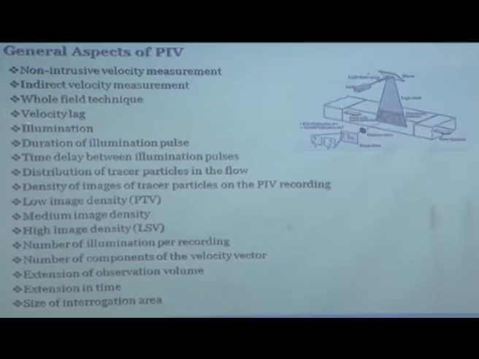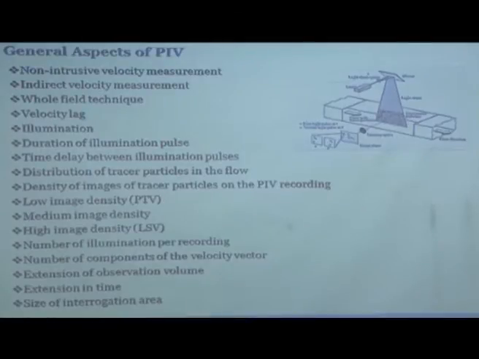I have already mentioned that there is a velocity lag between the velocity of the particles and the velocity of the flow. So, the density should be as small as possible. I have also discussed briefly about the illumination levels. Illumination levels are actually related to the particle size.